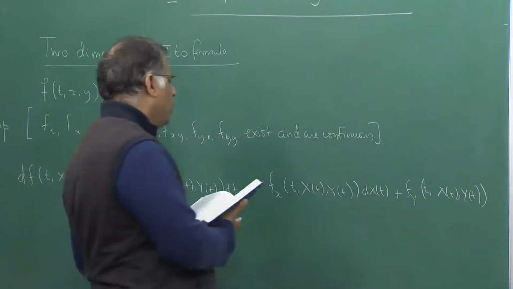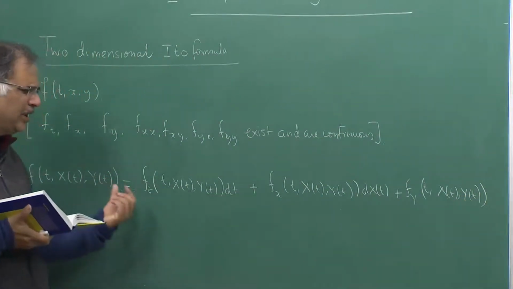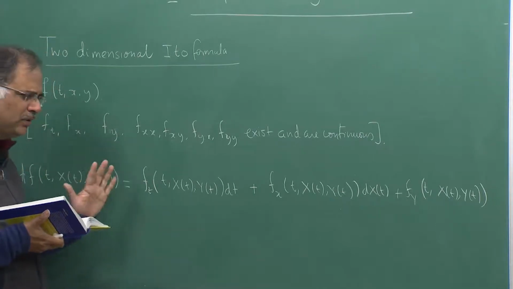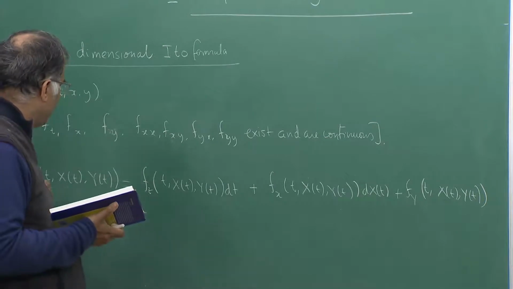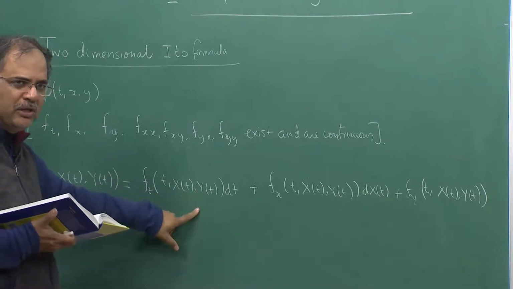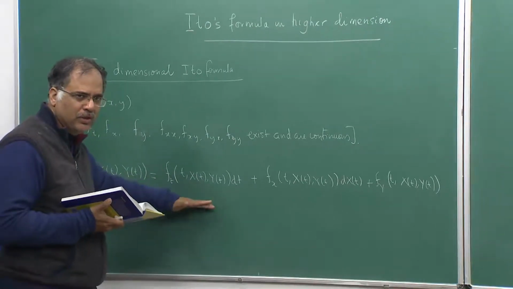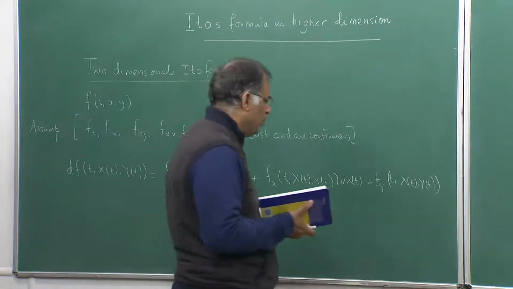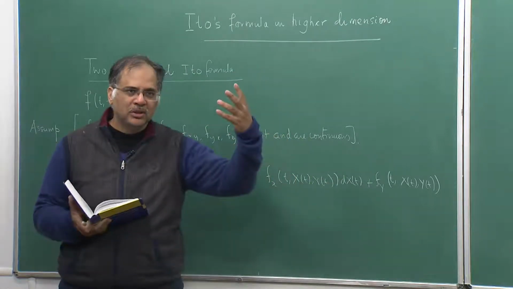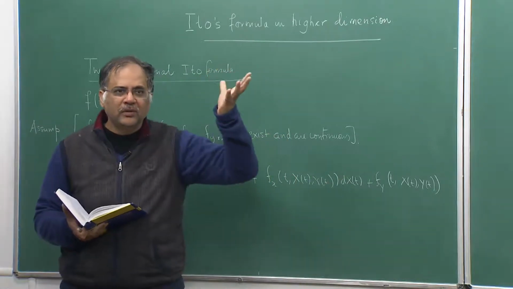Again I should tell you all these equalities that I am writing are in the almost sure sense, but these are random variables. But do not think that when I am writing f(t,x_t,y_t), it essentially becomes a random variable. It is no longer just an ordinary function. You are writing an ordinary function, but you are then looking at its random avatar basically, you are looking at the random form of that.